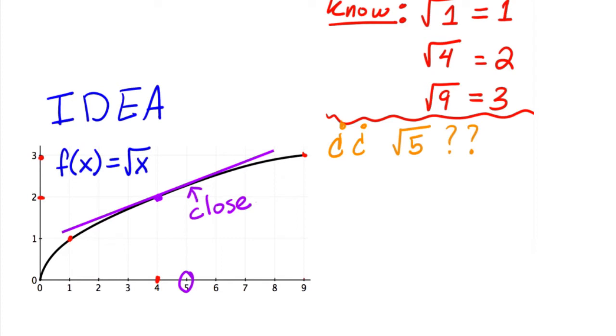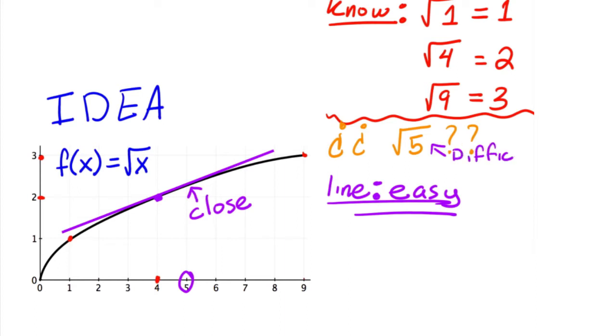A tangent line, plugging a number into a line, is very, very easy. So the basic idea is that if we're looking for, for example, square root of 5, which is difficult to find without a calculator, what we do is find the tangent line at a point that's close but not difficult.